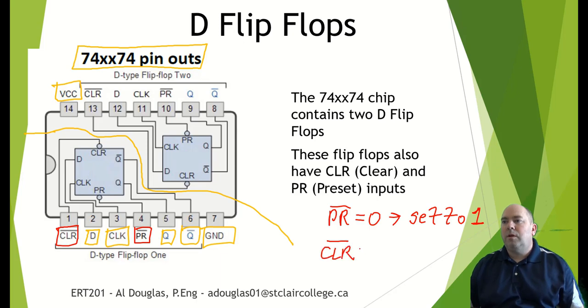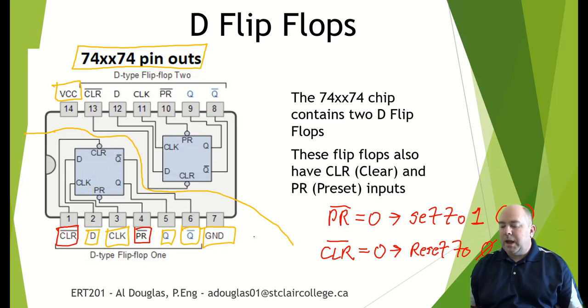So if you turn this signal to a 0, regardless of what anything else is doing, so regardless of the clock, regardless of the D signal, you are going to set it. You'll set Q to a 1. If you turn the clear signal to a 0, you will reset the flip-flop to 0.